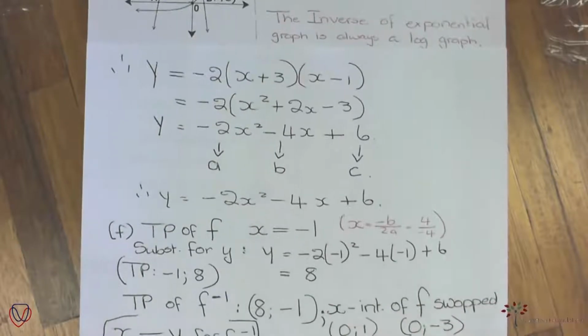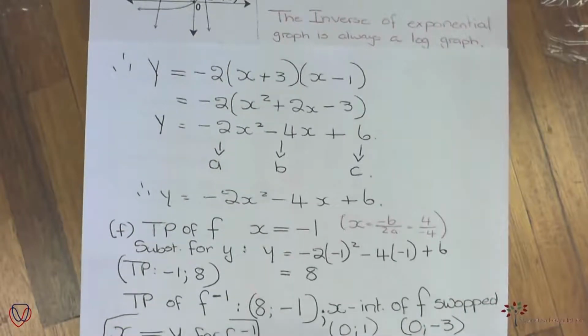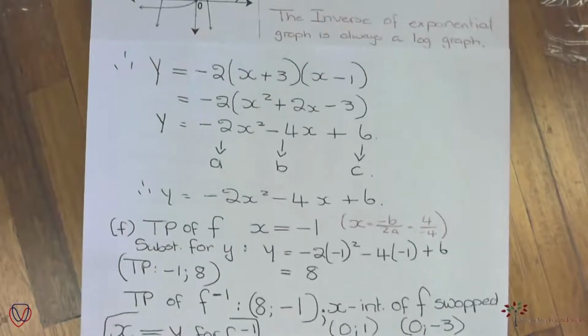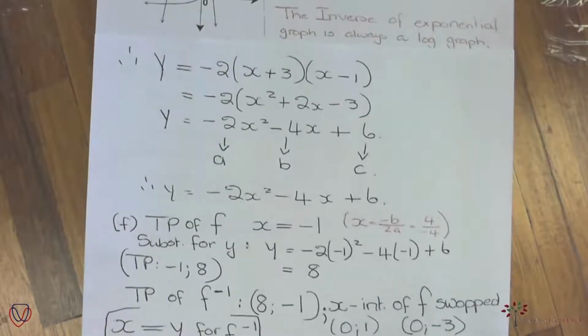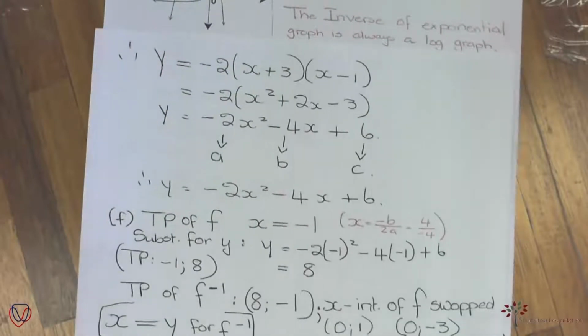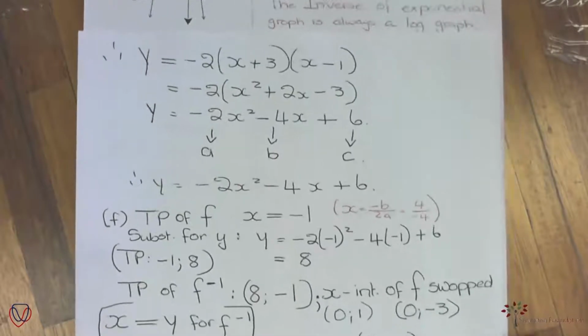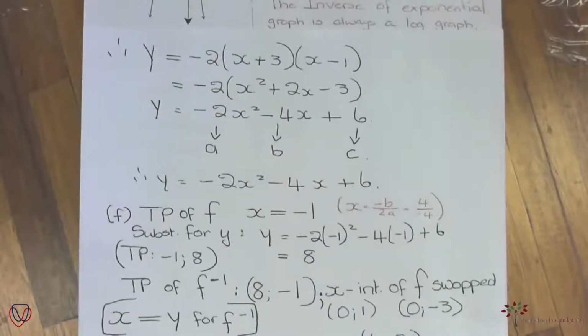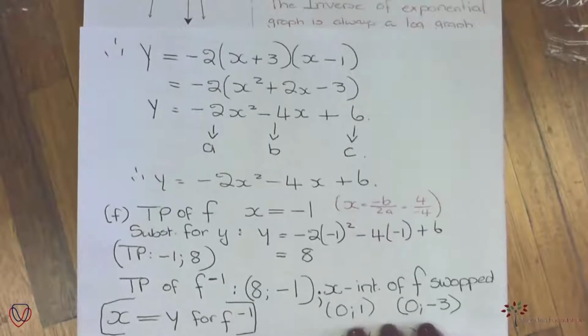So the x-intercepts will be negative 1, positive 1 and negative 3. The old graph, x-intercepts were negative 1 and positive 3. And now we swap them. Because when you do the inverse, we swap the x's and the y's. So there's your new x-intercepts.